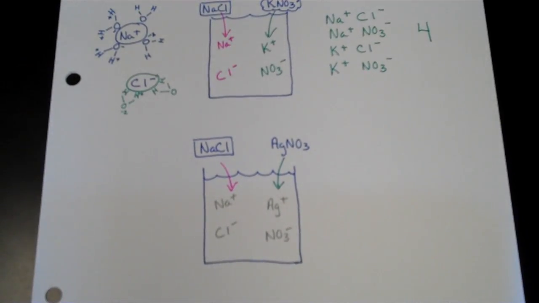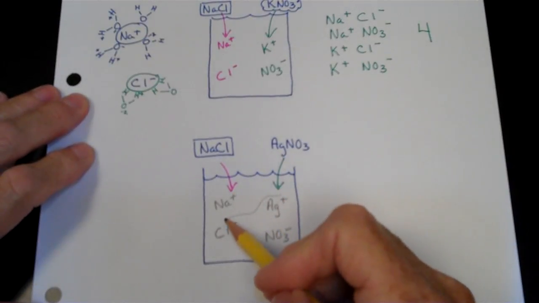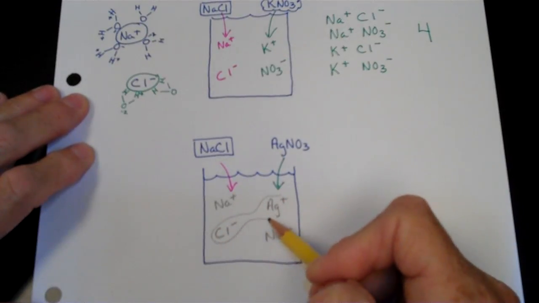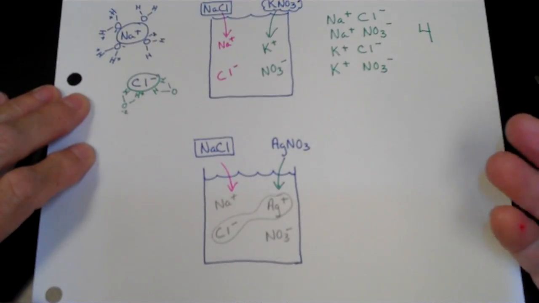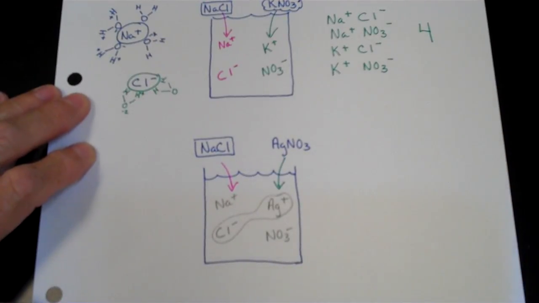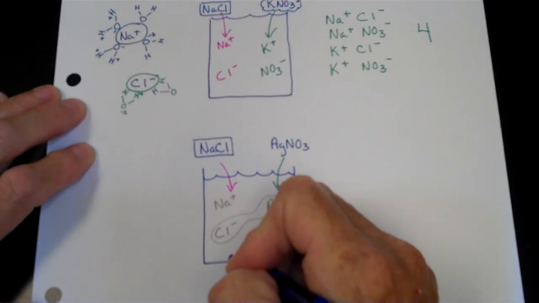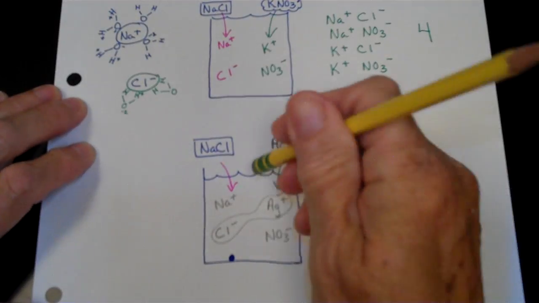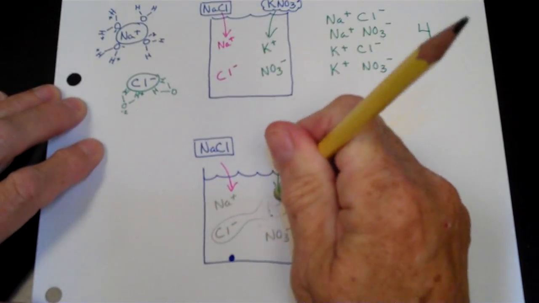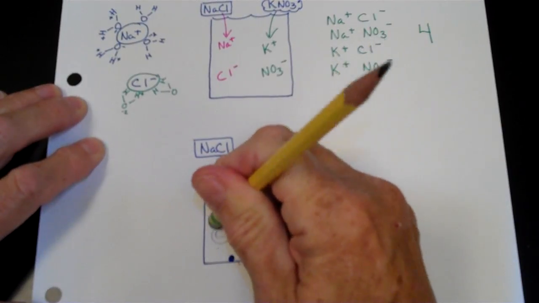How is this different? Well, in this case, the silver and the chloride ions come together. When these 2 ions come together, they are going to form a precipitate on the bottom of our sample. These are going to no longer be found in the solution.